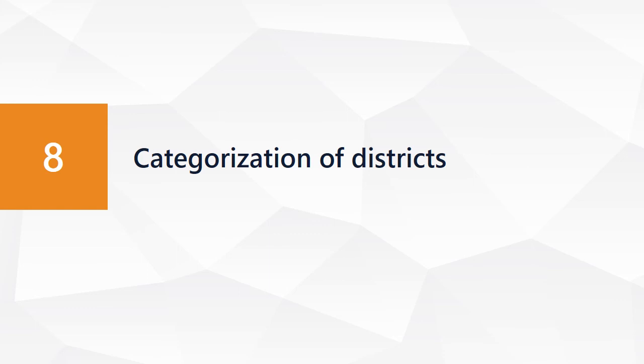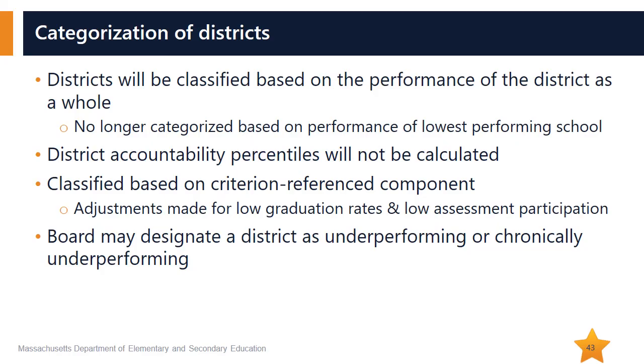Now let's review how districts will be classified. Beginning in 2018, districts will no longer be classified based on the performance of their lowest performing school. Instead, the district will be treated like one big school and will be classified based on its overall performance.